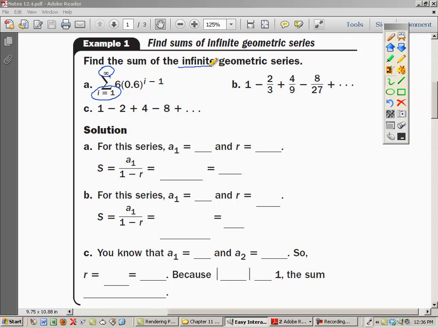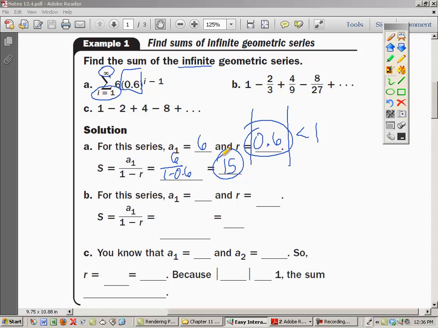For part A, we see the growth factor, my r, my rate. a sub 1 is equal to 6, and my r is 0.6. Since the absolute value of 0.6 is less than 1, this is something we can measure. It becomes a sub 1, which is 6, over 1 minus 0.6. 6 divided by 1 minus 0.6 comes out to 15.